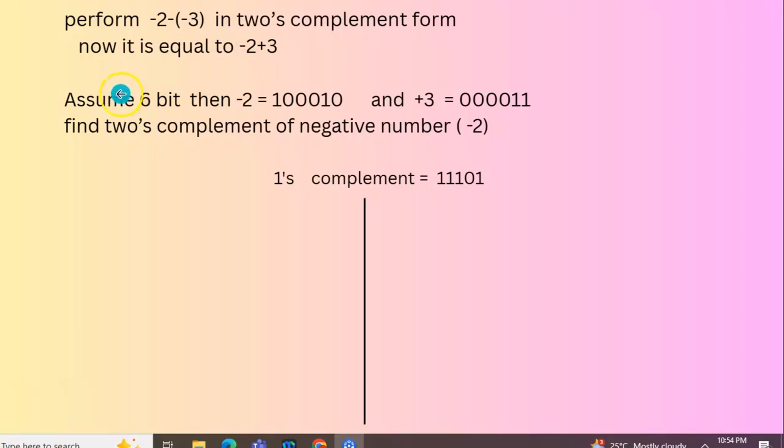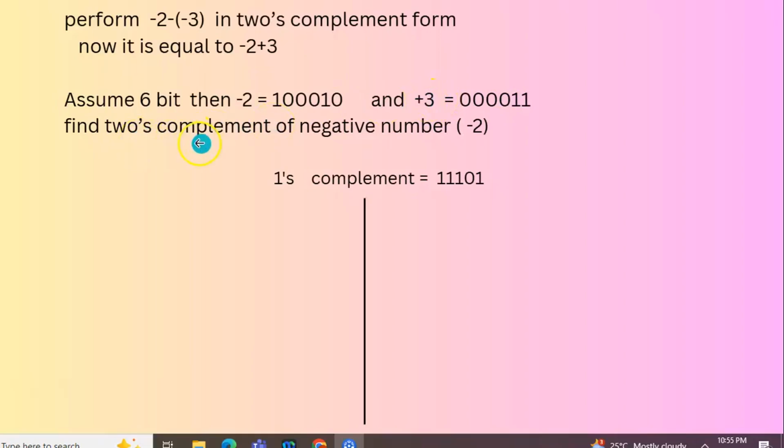If we take 6 bits for each number, then minus 2 will be represented like this: the first bit 1 indicates this is a negative number, and the remaining 5 bits represent the magnitude 2. And plus 3 is represented like this: the first bit 0 indicates this is a positive number, and the remaining 5 bits represent the magnitude 3.